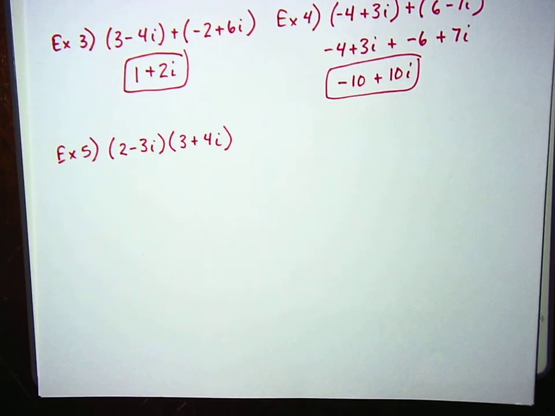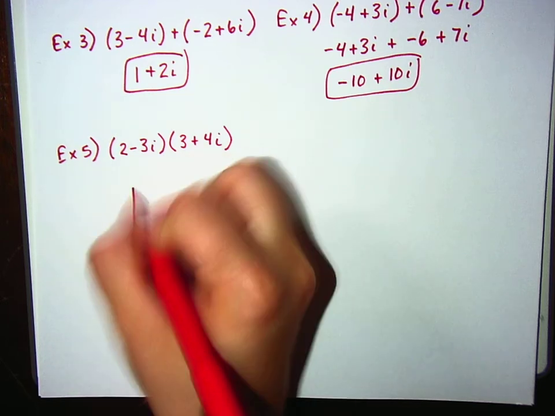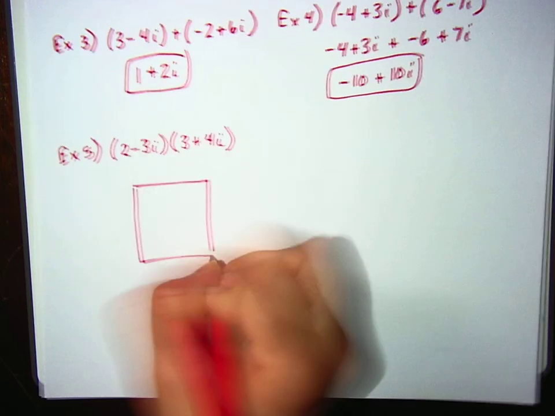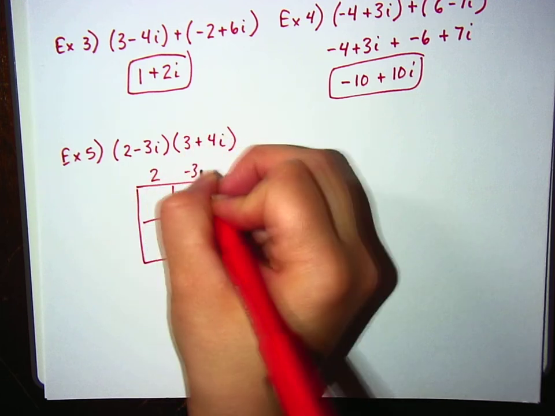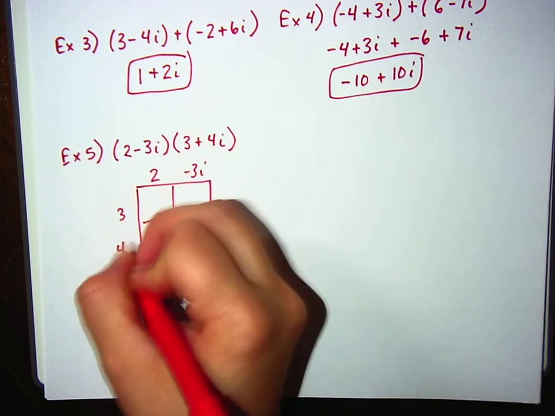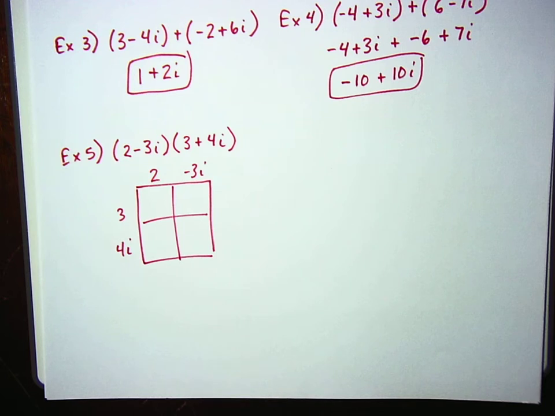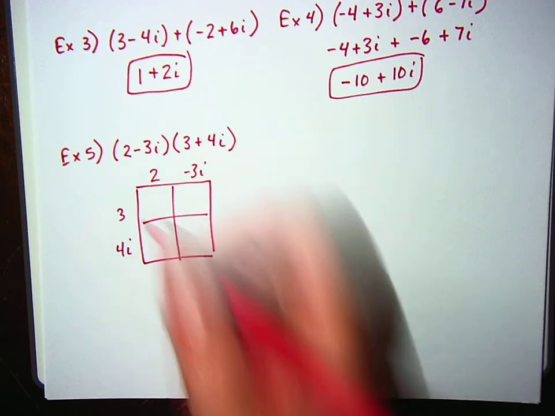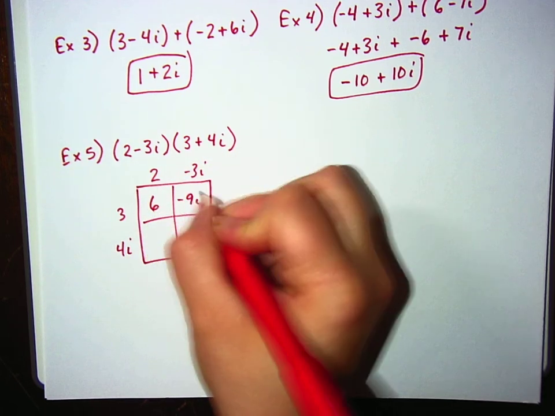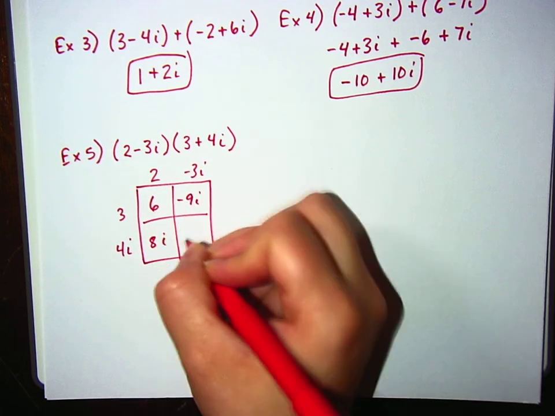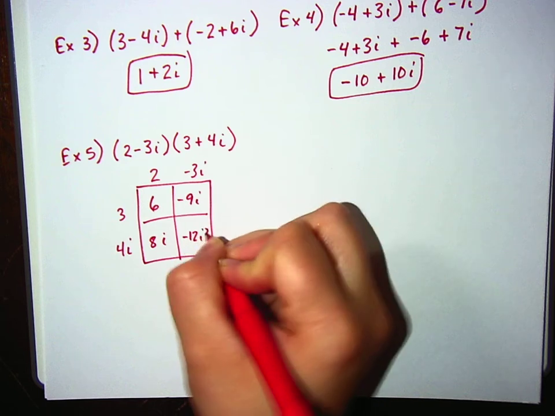Okay. So if you're multiplying these together, you can either use FOIL or you can use a box. Your choice. Alright, so this is a 6. That's a -9i, 8i, and this is -12i squared.